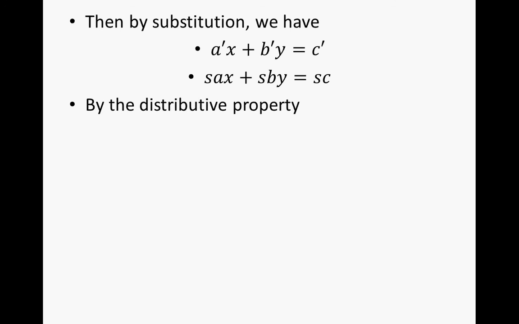So now by the distributive property we can factor out the s, but we're only going to do that on the left side of the equation. So if we factor out the s, we are left with s times the quantity of ax plus by.